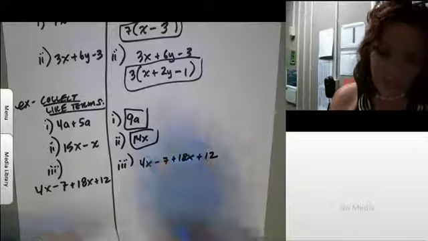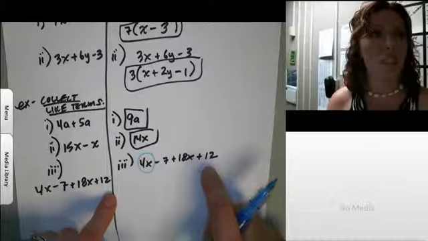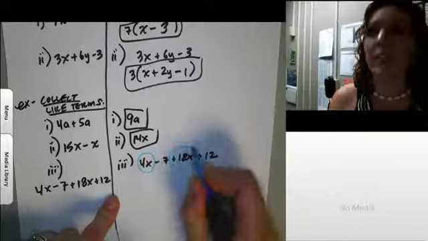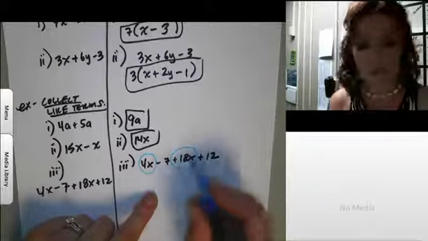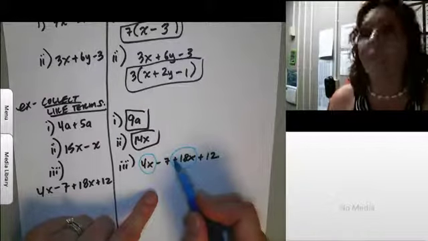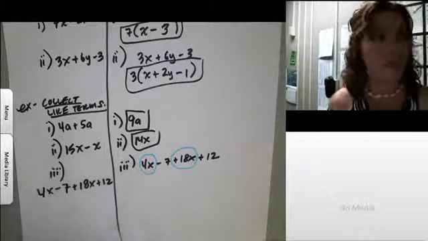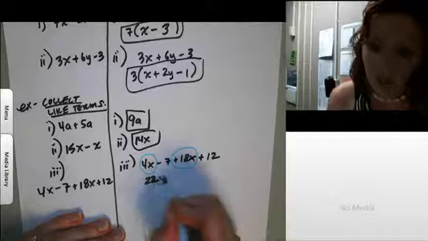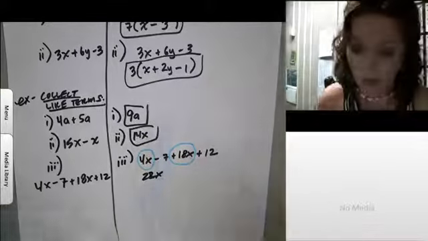So if we start with the x's, are there any other x's over here that can be combined with the 4x? 18x. So you always want to circle, if you're doing this whole circling thing, whatever the sign is in front of it. So make sure the plus gets in there. So 4x plus 18x is how many x's? 22x.